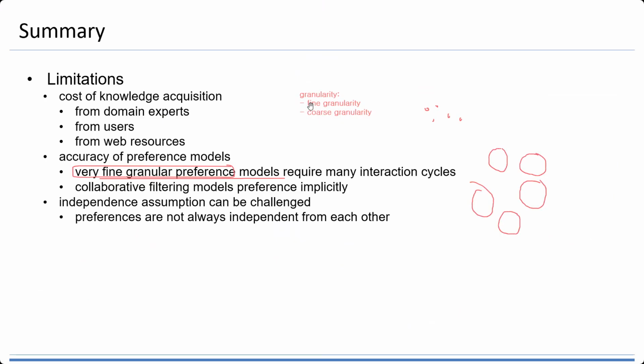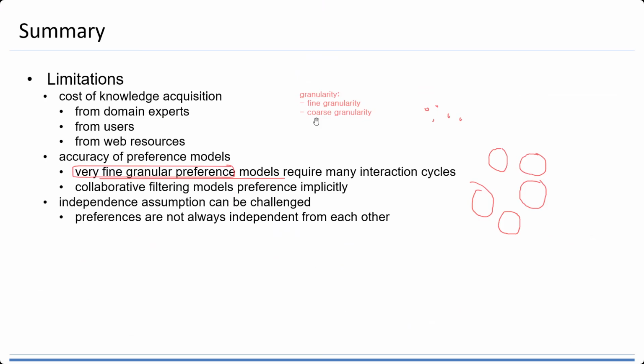For example, the fine granularity: I want to recommend a smartphone and the price is 1 million won. Exactly 1 million won. Then it is very fine. But coarse granularity means I want to suggest a better smartphone.